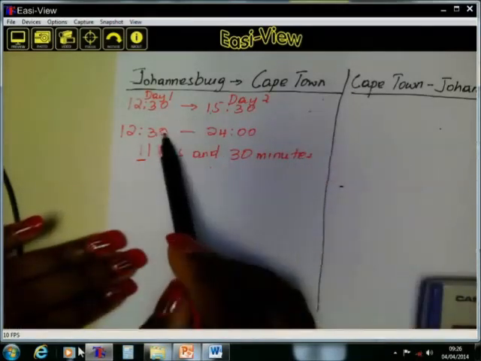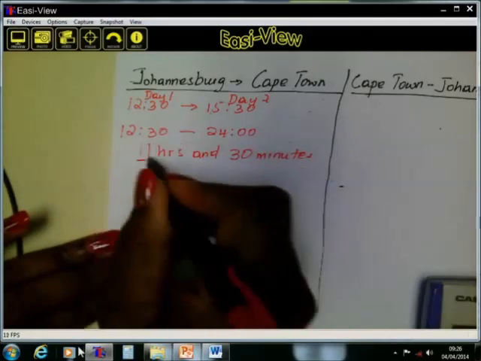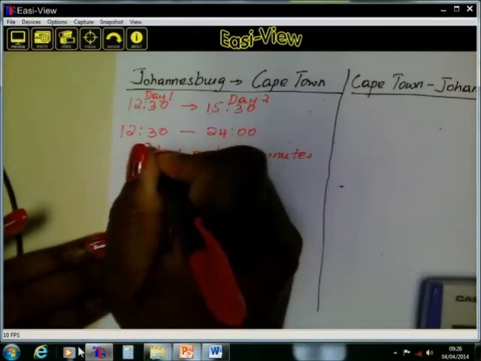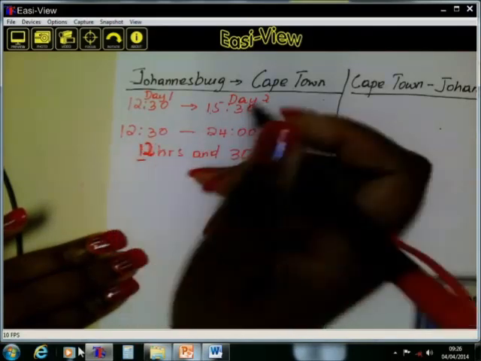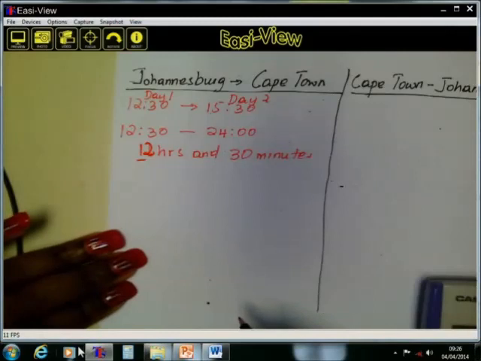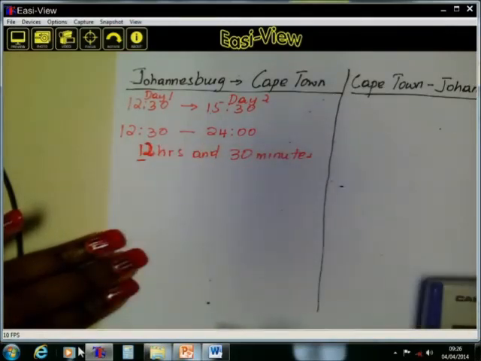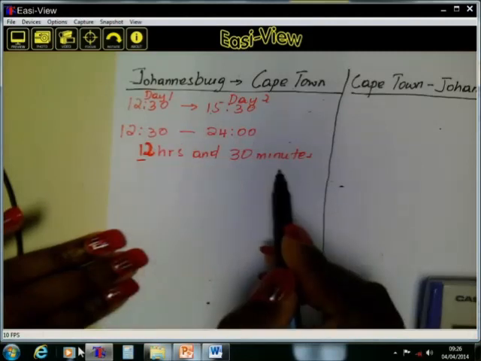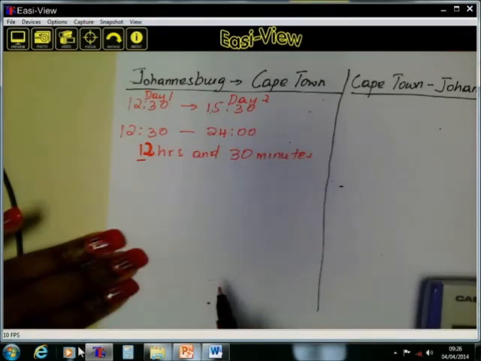From 12 to 12 we said is 12 hours. So meaning here it's not 11 hours and 30 minutes, but it's 12 hours and 30 minutes. You can see the minor mistakes that we tend to make when we do our counting if we don't verify them. From 12 to 12 it's 12 hours, but we have an extra 30 minutes. So it will be 12 hours and 30 minutes.